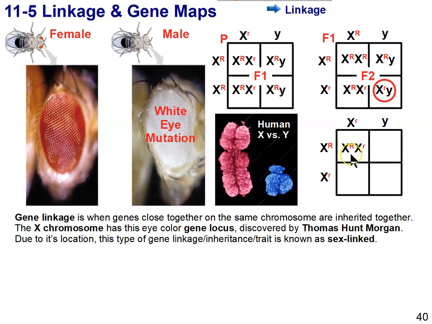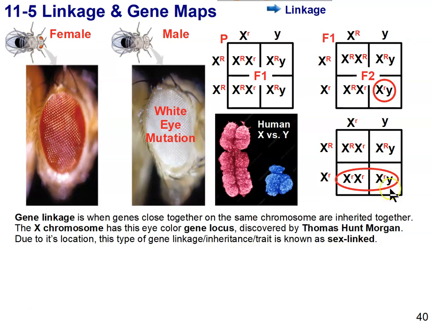So 1/4 female carrier, 1/4 male with red eyes, 1/4 male with white eyes, and 1/4 female with white eyes. But she has to be homozygous recessive to have white eyes. The male only has to be hemizygous recessive to have white eyes. And that's how sex linkage works.